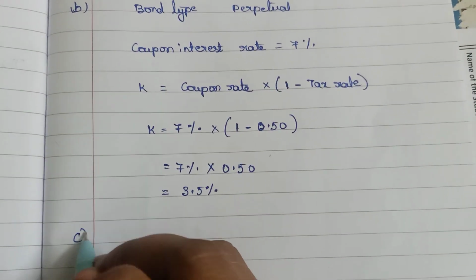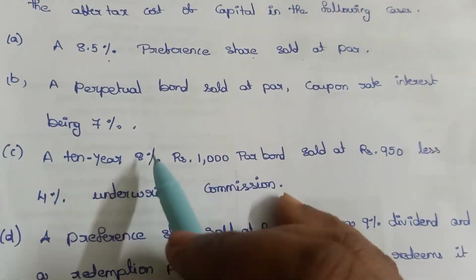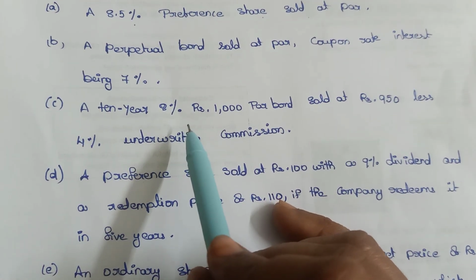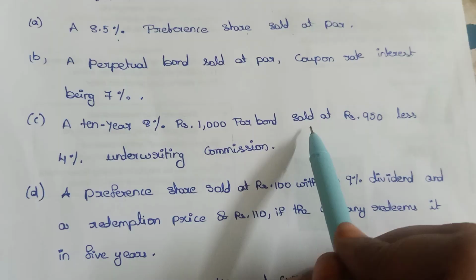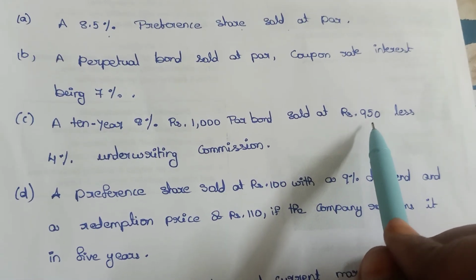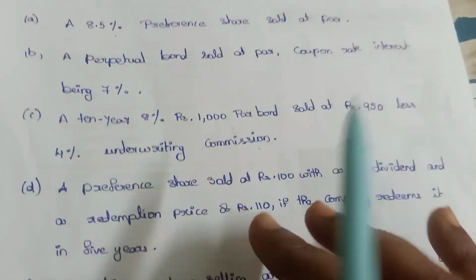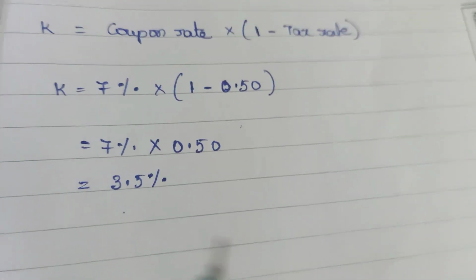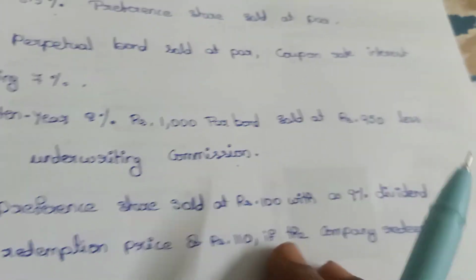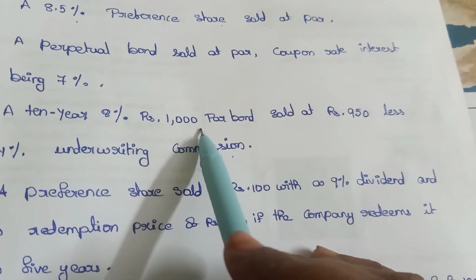Okay, next one, C. In point C, they are asking about a 10-year 8% rupees 1000 par bond sold at rupees 950, less 4% underwriting commission. How do we calculate this one? The par value, that is the face value, is 1000.